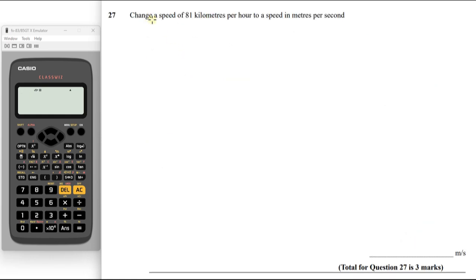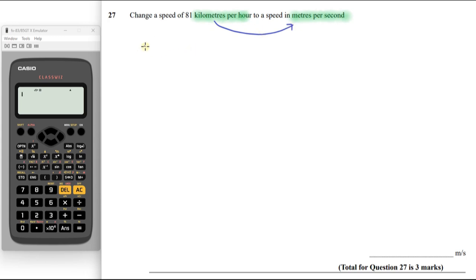Question 27. Change a speed of 81 kilometers per hour to a speed in meters per second. So we're starting off with 81 kilometers per hour and we need to change that into meters per second. Now the way I like to do this is I like to first of all focus on the distance and then look at the time. So we're going from kilometers to meters.